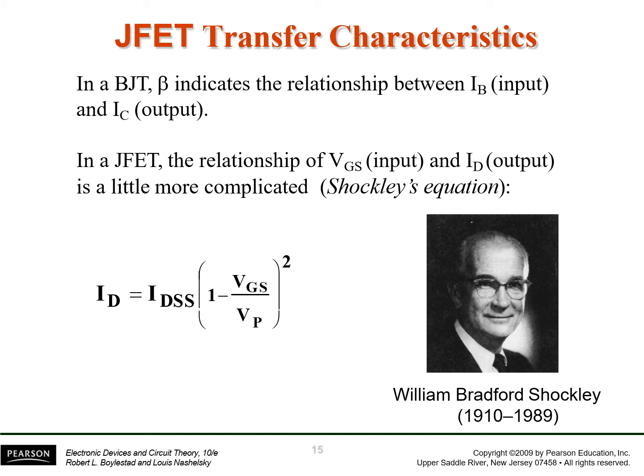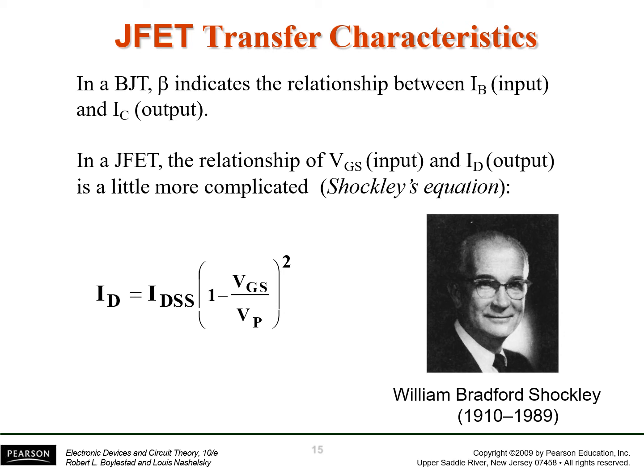As in BJTs, beta indicates the relationship between the input current IB and the output current IC, or the collector current. In JFETs, the relationship of the VGS input and the ID output is a little more complicated, which is given by Shockley's equation.